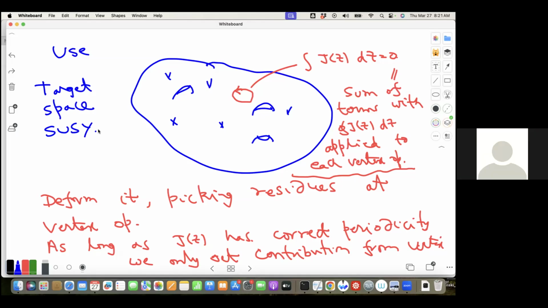It's like if you have a translation invariance. Suppose you want to prove that the amplitudes are translation invariant on a general Riemann surface. That's also a target space symmetry. There you choose J(z) as del X. So the question is, is there an analog of del X for supersymmetry?